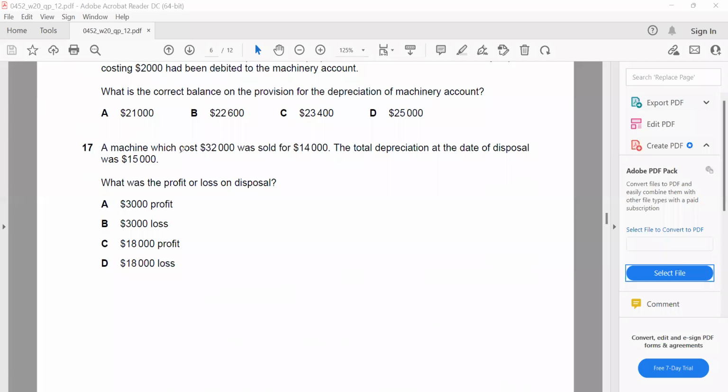A machine which cost 32,000 was sold for the total depreciation. Okay, we open the T account for disposal. Cost is in here. Accumulated depreciation, which is provision for depreciation, in here. Disposal value in here. So cost is 32,000, and then sold for 14,000. The total depreciation at the date of disposal is 15,000.